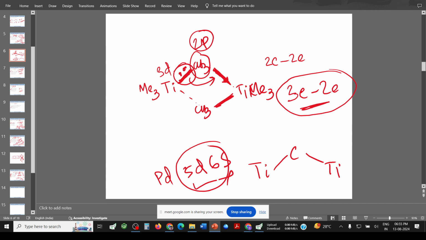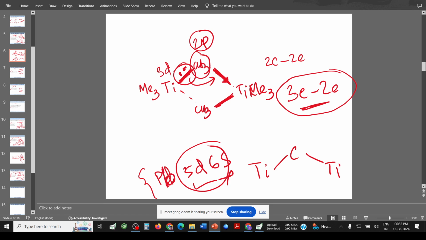But this type of interaction is not possible in the case of lead, because it is a heavier main group element and it has very large 5d and 6s orbitals, and the energy gap between the 2p and 6s to interact with the other molecule is very high. So this 2p electron can bond with the palladium, but it is very difficult to form with lead. Pb is not Pd.